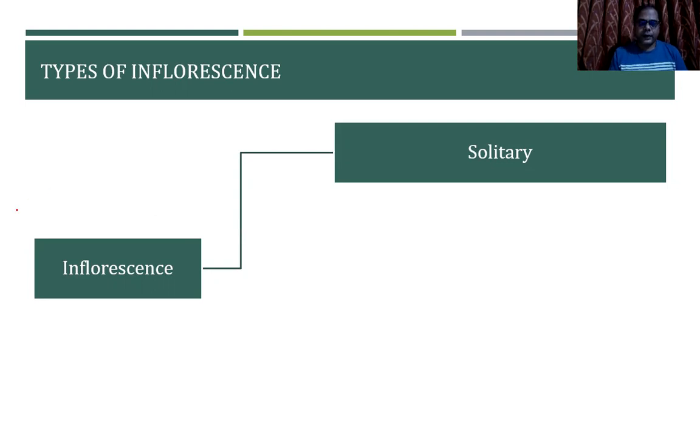So if this is the peduncle, on the peduncle this is the bract, on the bract this is the pedicel, and there will be a single flower on the pedicel. This is called the solitary flower.